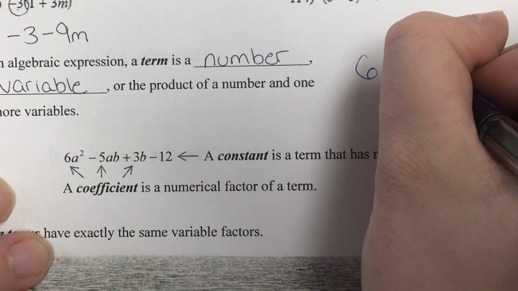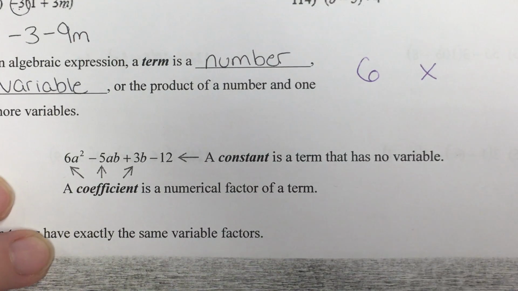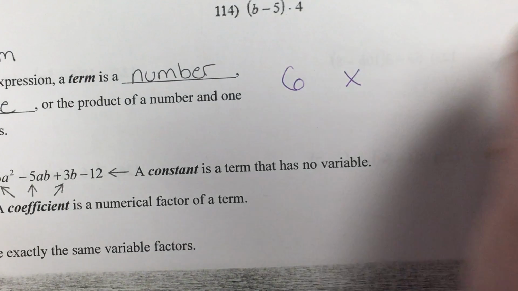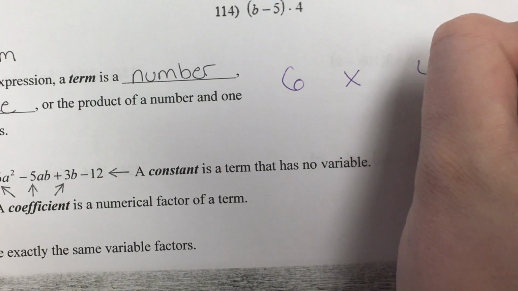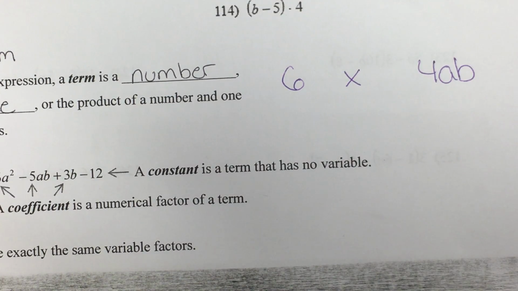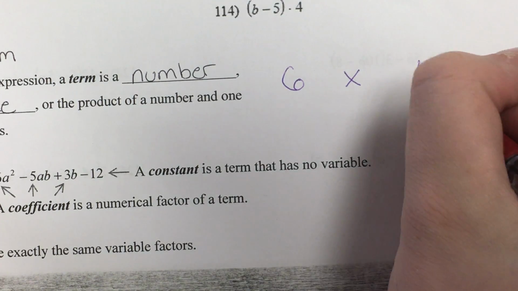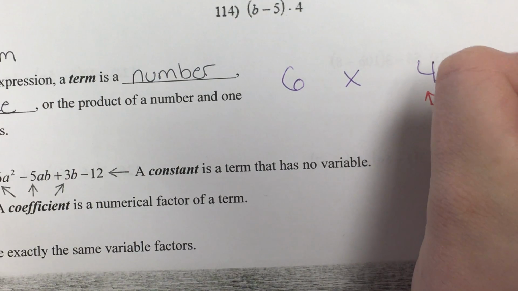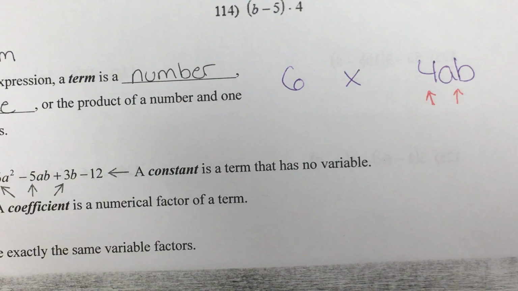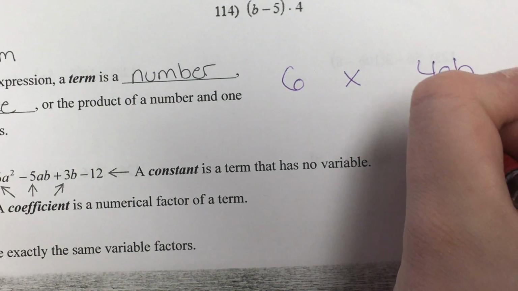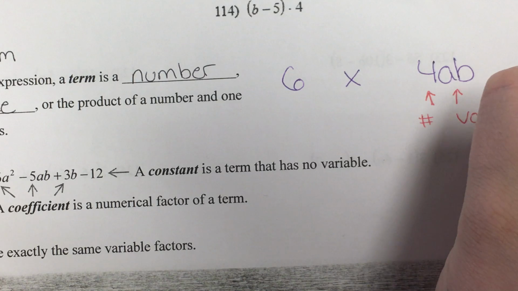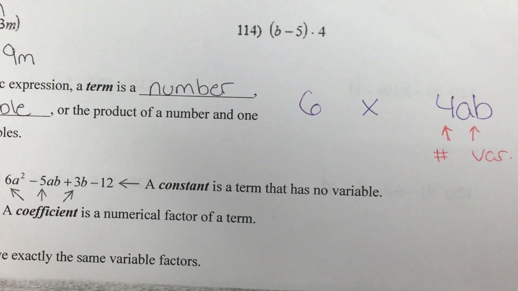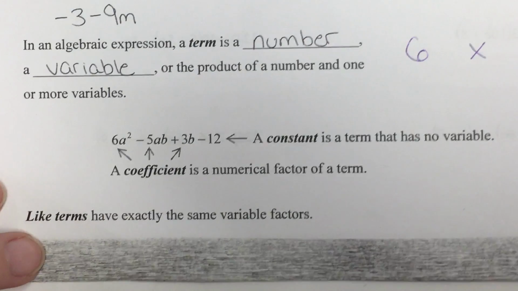A term could also be x because it's a variable. We could also have 4ab. This is also a term. This has a number and actually 2 variables. Okay, so this is very important to know when the teacher says term, what a term means.